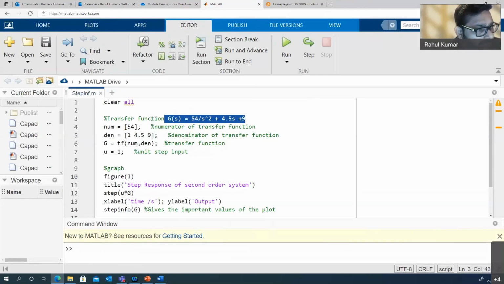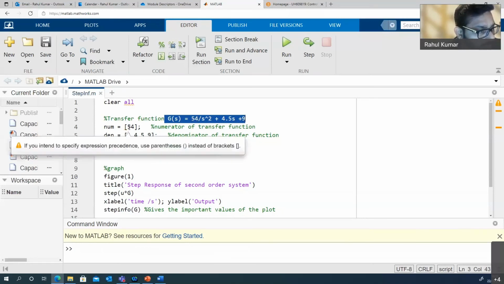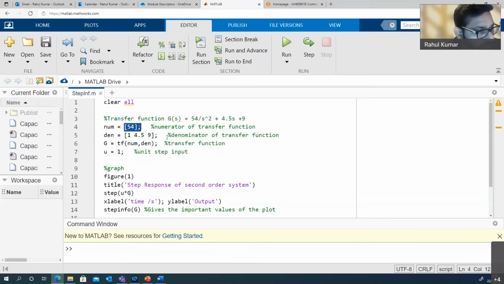So in this class, I have taken the second order transfer function, which is 54 divided by s square plus 4.5 s plus 9. So in the numerator, I have 54. And in the denominator, the first value is 1, the second value is 4.5, and the third value is 9.